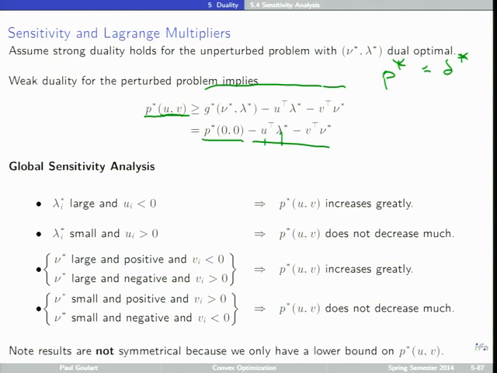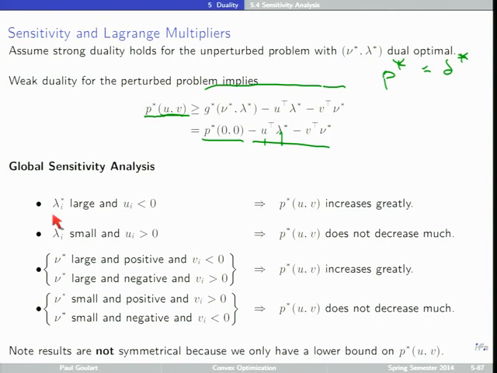Okay? And so now I can ask, what happens if I change the right-hand side? So I might say I have a problem. It has these constraints, and I solve it. Oh, the optimal value is not so good. Maybe I'm willing to loosen up a little bit the inequality constraints, say. Okay, so then I can conclude from the argument here that if the multiplier that goes with my constraint is large, so first of all, I should only worry about loosening the constraints which are actually active at the optimal solution.